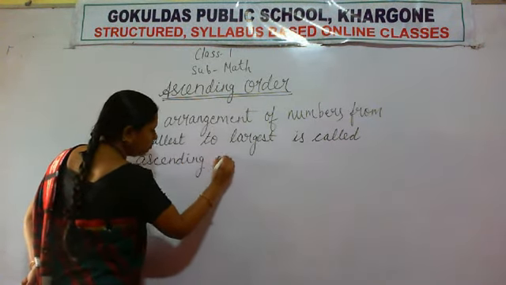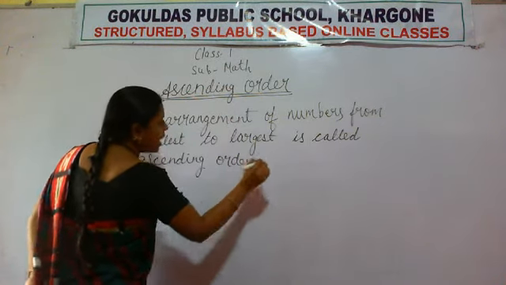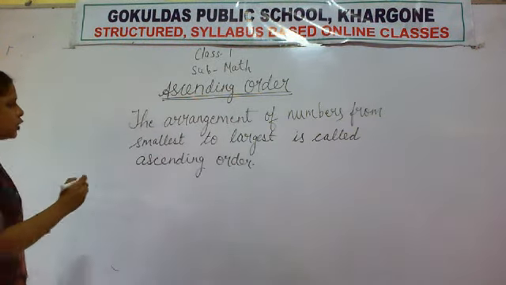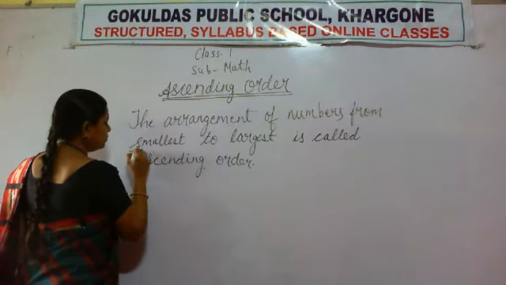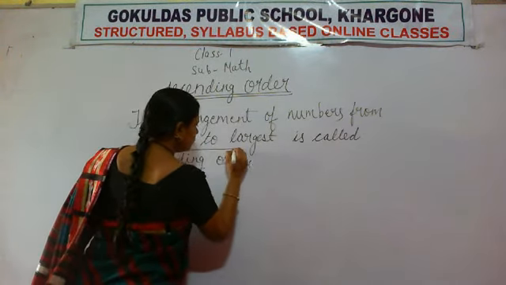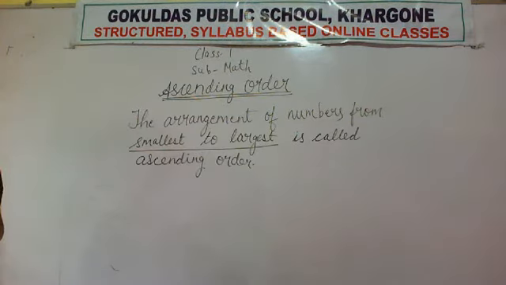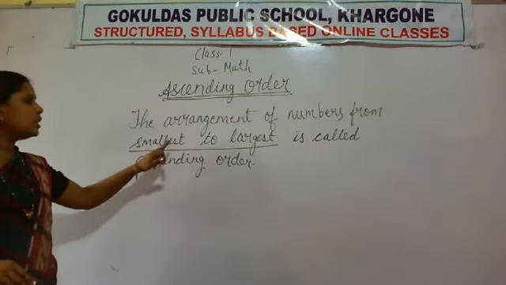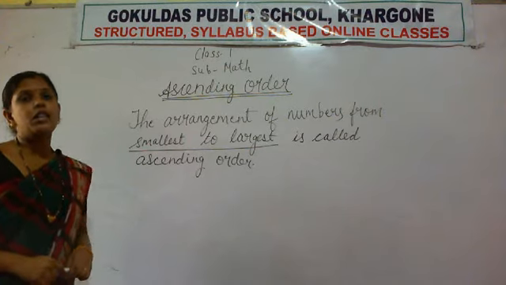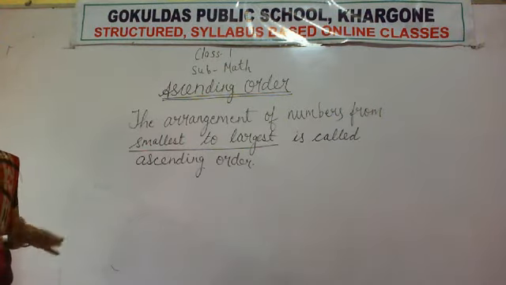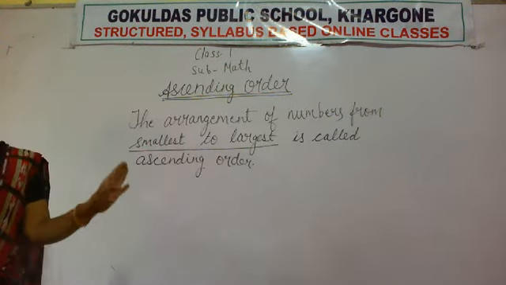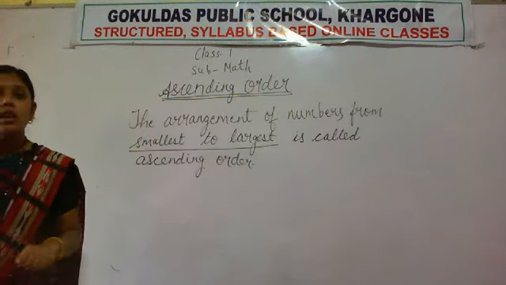A-S-C-E-N-D-I-N-G, ascending order. And underline this. You have to underline: the arrangement of numbers from smallest to largest. Smallest to largest means, in ascending order we arrange the numbers from the smallest number to the largest number.